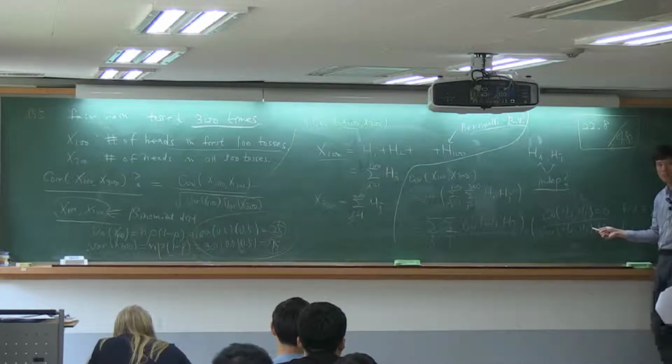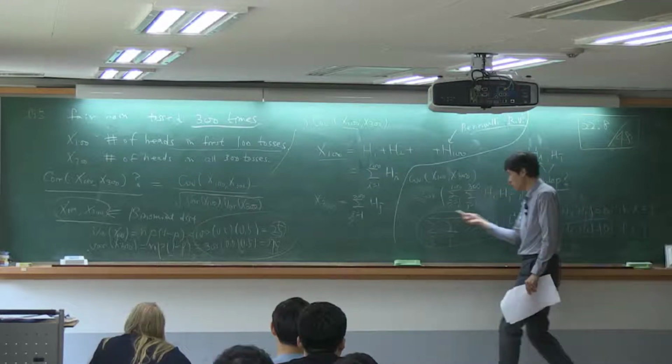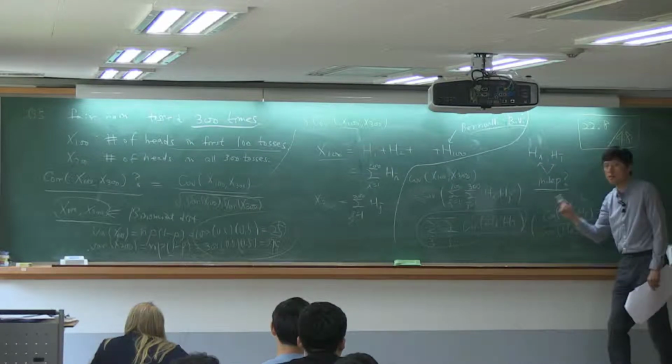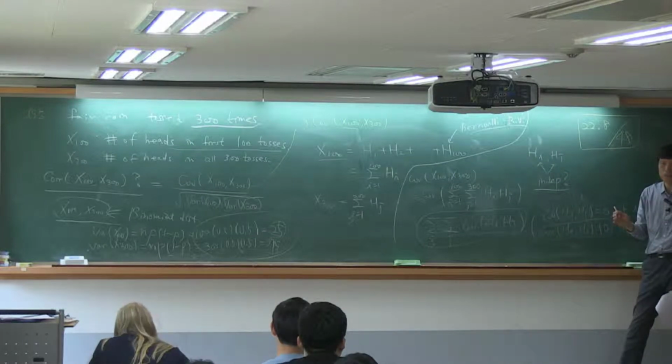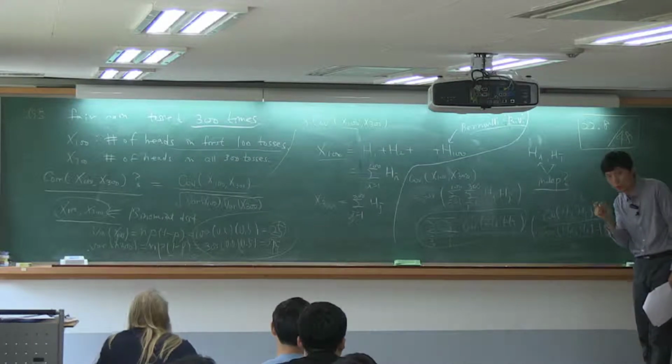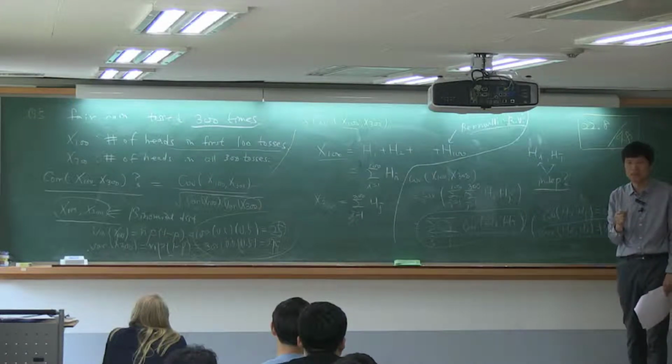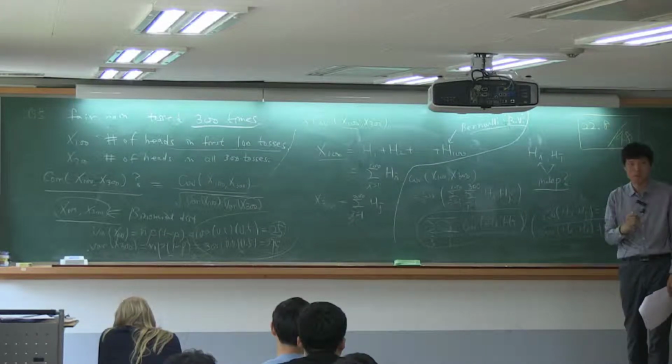But this equation becomes very simple. Why? Hi, Hj are Bernoulli random variables, and each Bernoulli random variable H is just a single coin toss, just one toss.